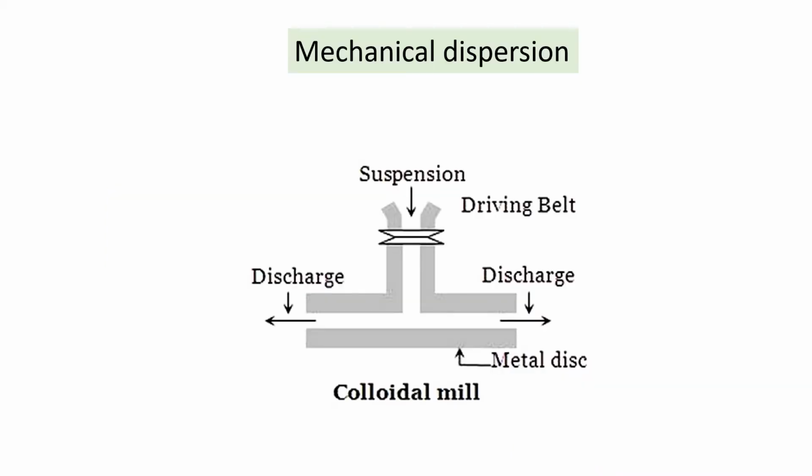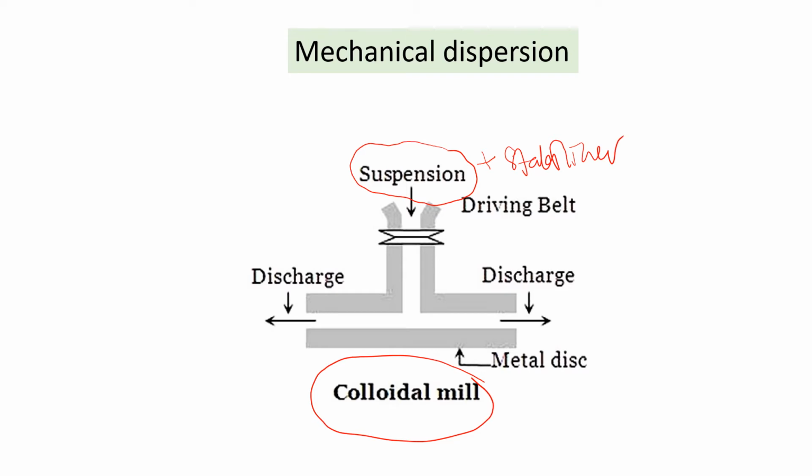Mechanical dispersion is the method where the substance to be dispersed is finely ground using a machine called a colloidal mill. In this method, larger particles are broken down into smaller particles of colloidal size. First, the suspension, which consists of the colloidal particles, is mixed with the dispersion medium, and sometimes a stabilizer is also added to prevent coagulation.